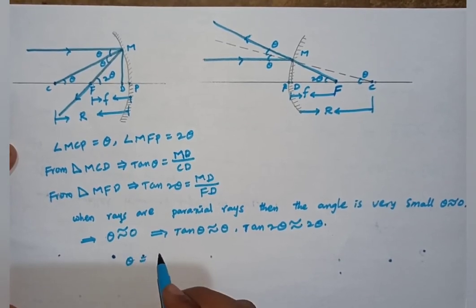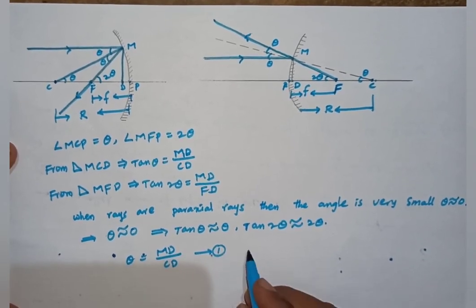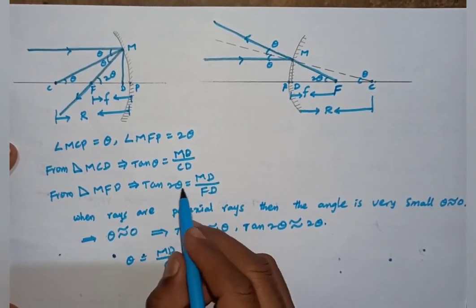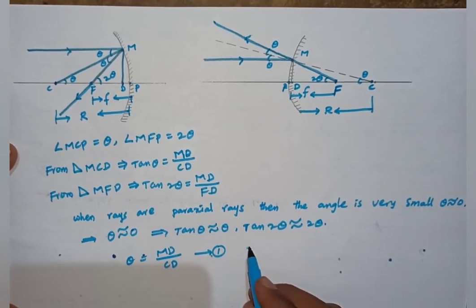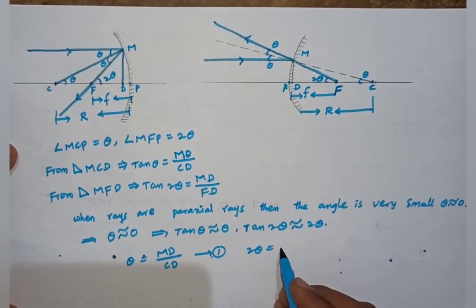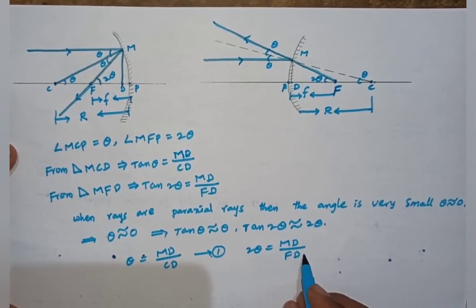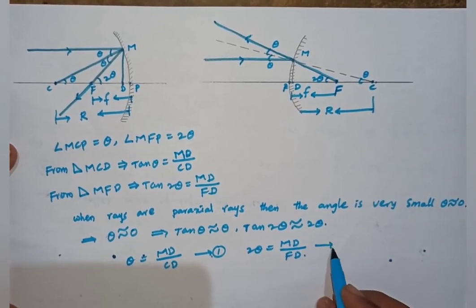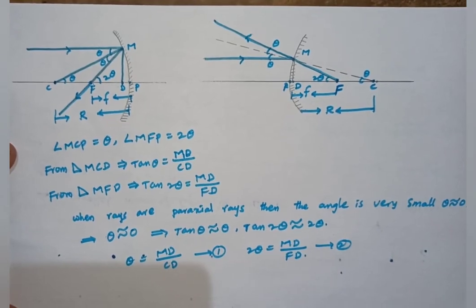Theta equals MD by CD. This is equation number 1. And tan 2 theta is nothing but 2 theta, so 2 theta equals MD by FD. This is equation number 2.